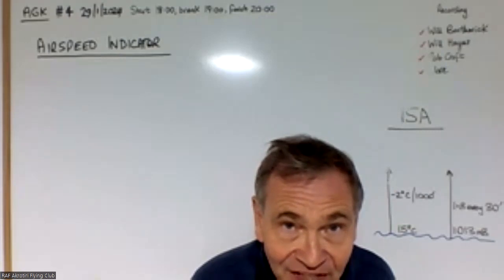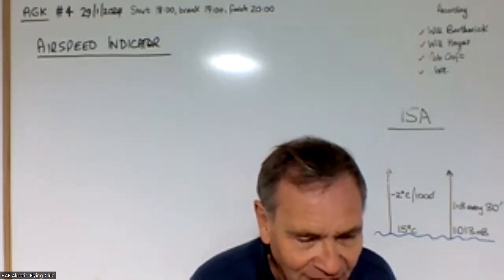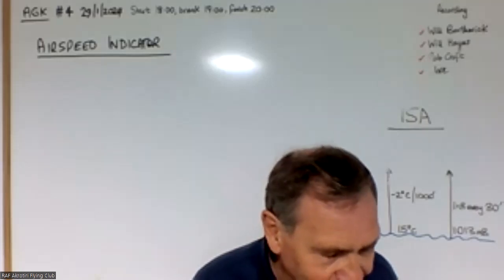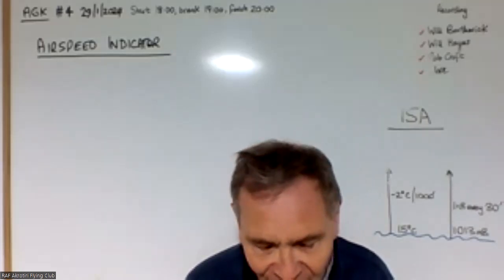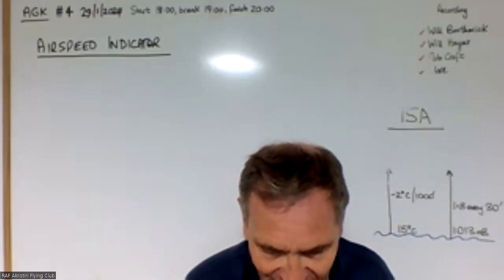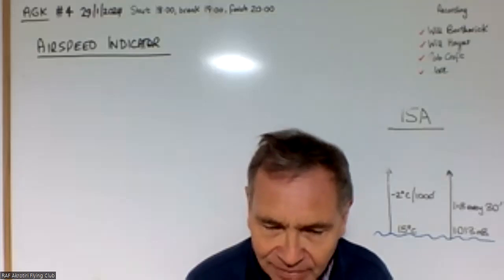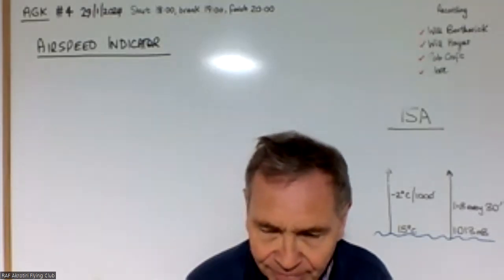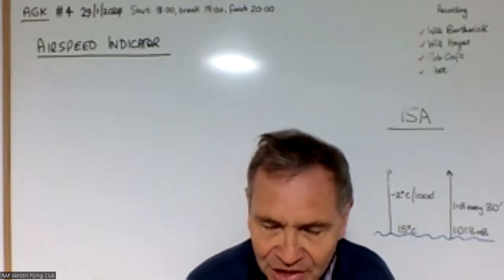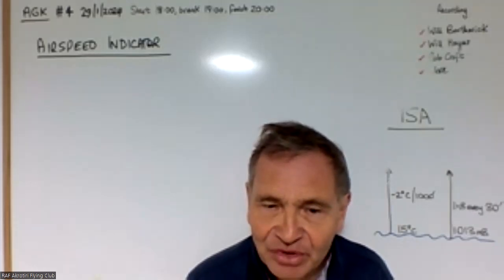And who's next on my list? Will. Sorry, Will, you've got the horrid question now. So Will B, you're flying along, everything's fine. And your static port gets blocked. Tell me, what's your airspeed indicator going to read?